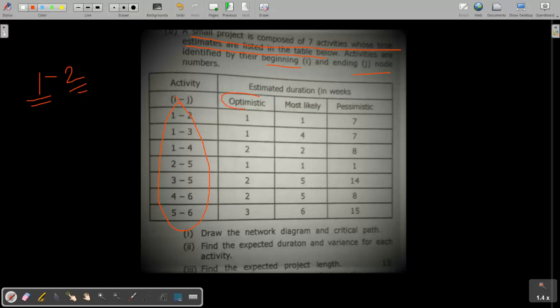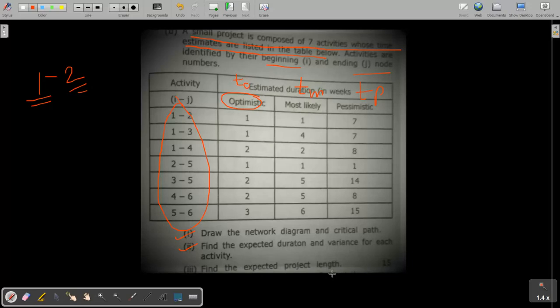Here optimistic time, TO, is given. Most likely time or mean time, TM, and pessimistic time, TP, are given to us for all the activities. What you have to do is draw the network diagram and critical path. Okay, find the expected duration and variance for each activity. And third is the expected project length, that means the final total project time.